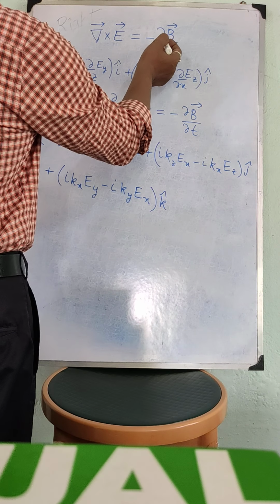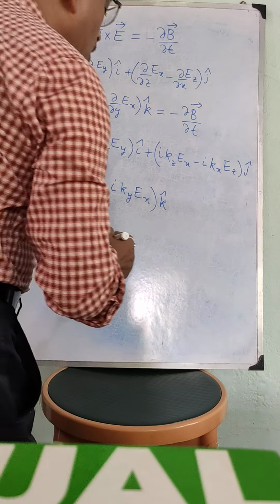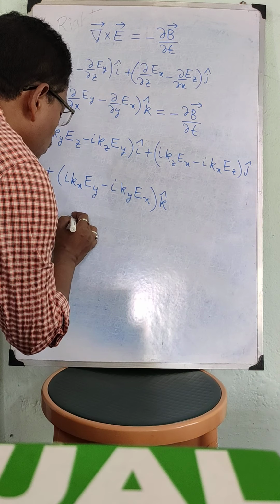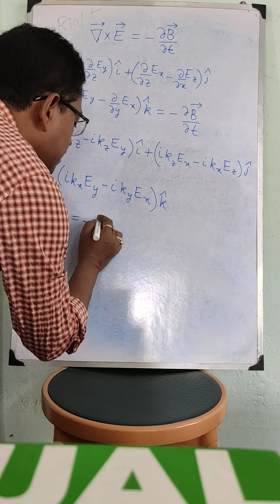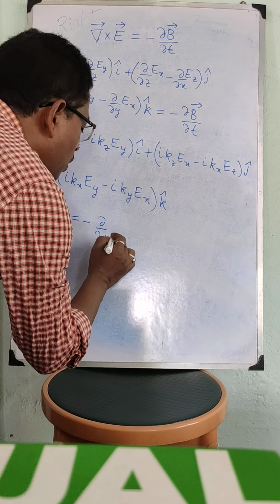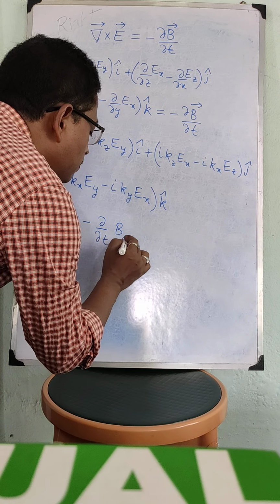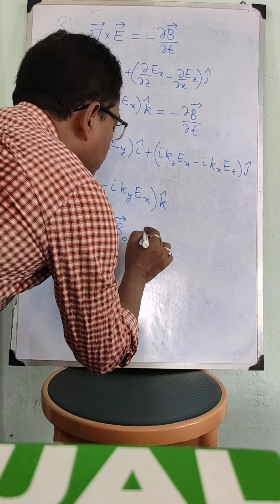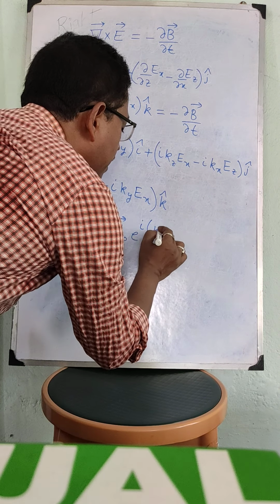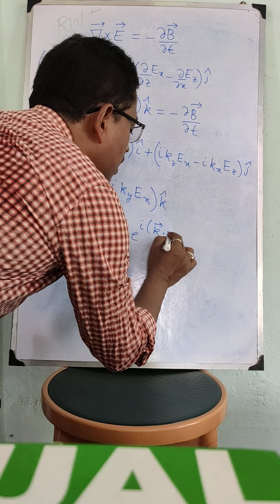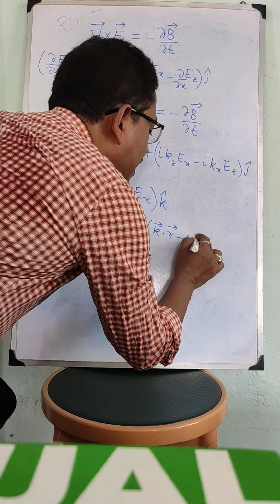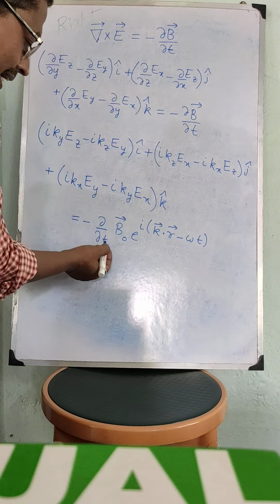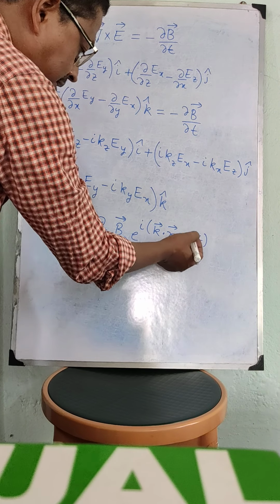Now what is del B del t? Now this is equal to minus del t of B0 vector e to the power i k dot r minus omega t. So this del t will act only on this term.